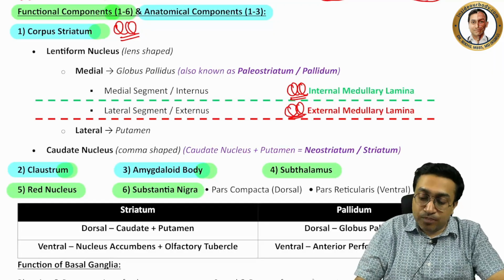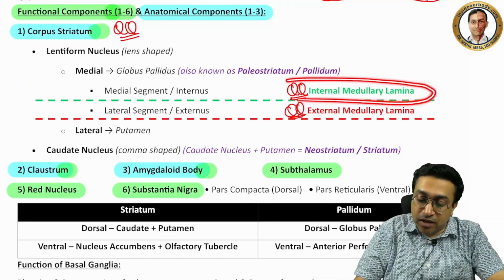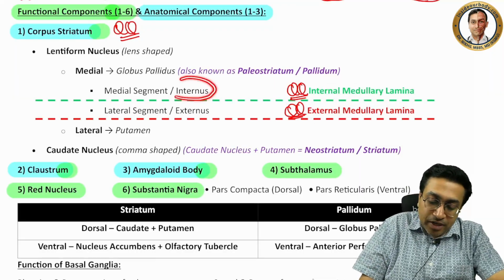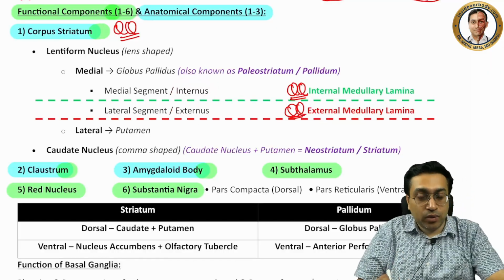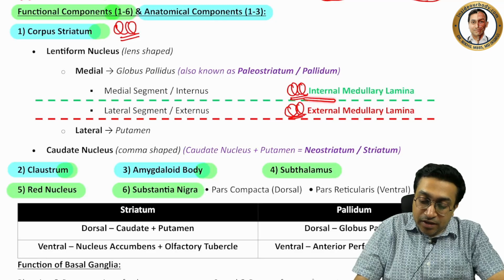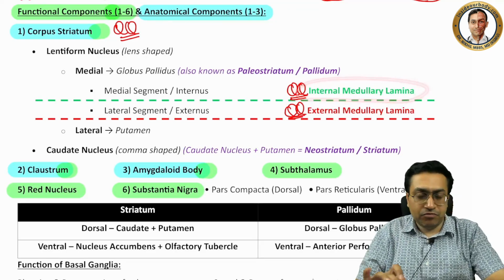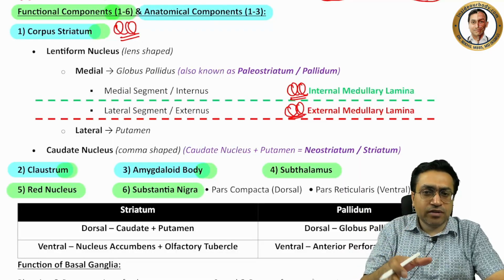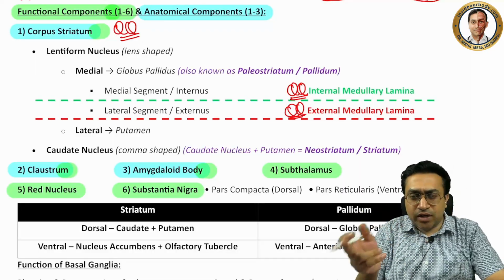So there is an internal medullary lamina which is separating what? The GP internus from the externus. Okay, so we will see all this in a photo, don't worry. So GP internus and externus are separated by internal medullary lamina. Very easy, very clear. Internal means inside the Globus pallidus there is a lamina between internus and externus.